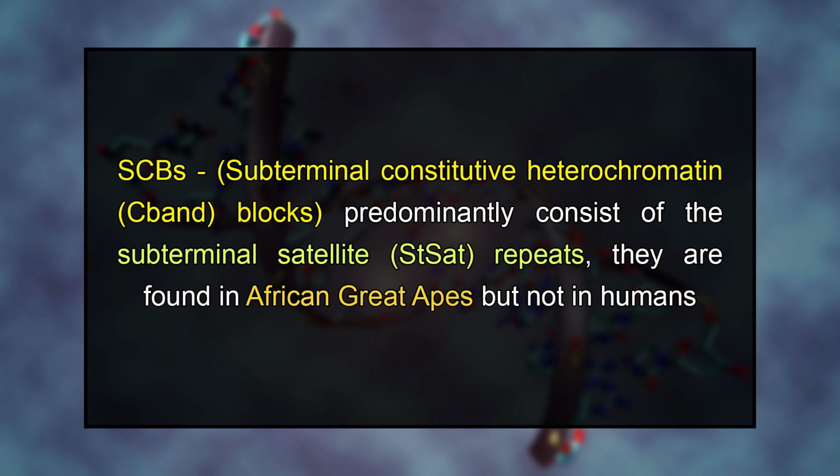Additionally, the majority of chimpanzees' chromosomes contain subterminal constitutive heterochromatin, that is C-band blocks, SCBs, that are absent in human chromosomes. SCBs predominantly consist of the subterminal satellite, that is ST-SAT repeats. They are found in African great apes but not in humans.